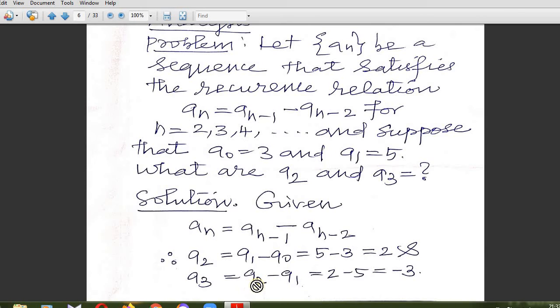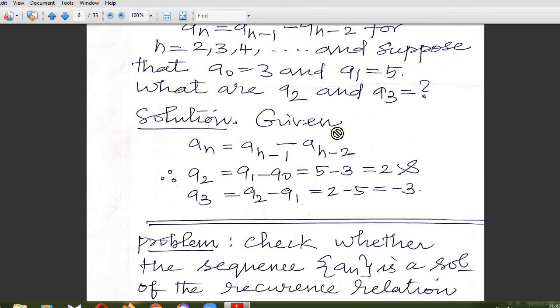We already found out that a2 is equal to 2, and a1 is 5. Therefore 2 minus 5 equals minus 3. So for this sequence, a0 is 3, a1 is 5, a2 is 2, and a3 equals minus 3. That's one of the simple problems.